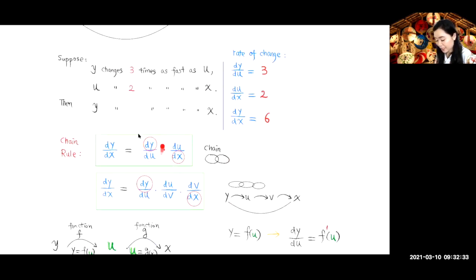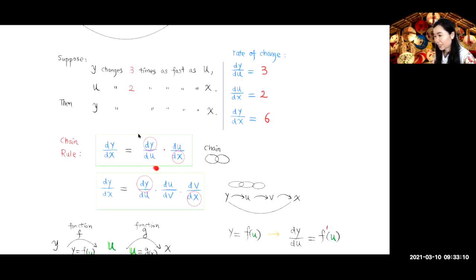So you think about this as the first ring of the chain, and this one here is the second ring of the chain. So it's like two rings of a chain connected together. And as you see here, if you think about it like a quotient, the du divides out and gives you back the dy/dx.